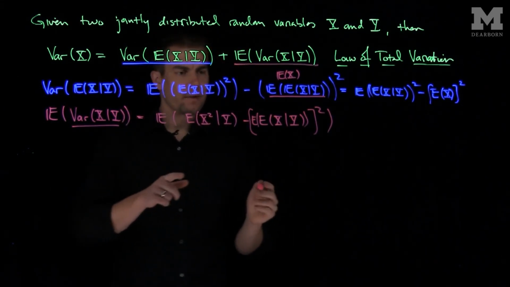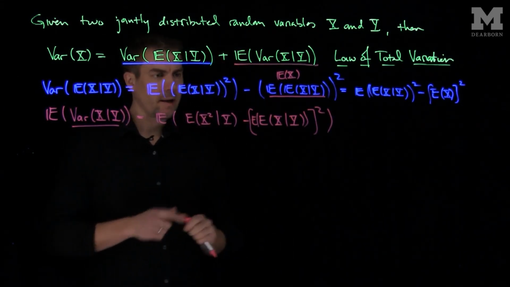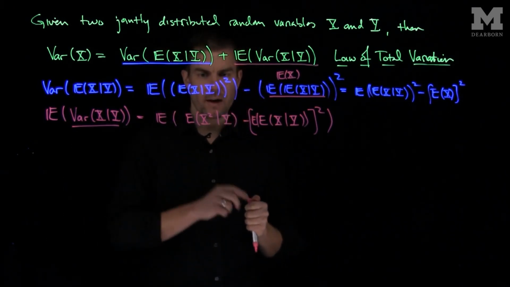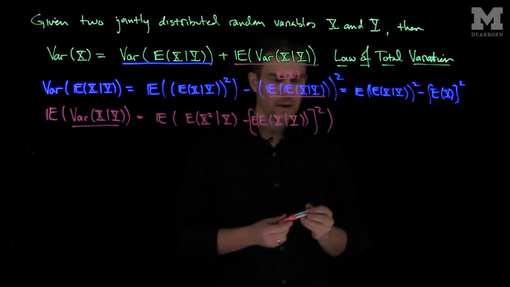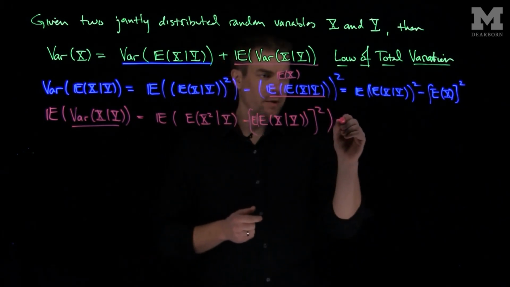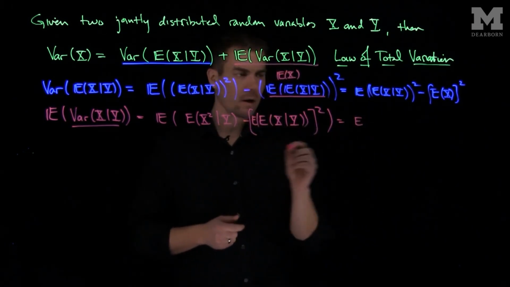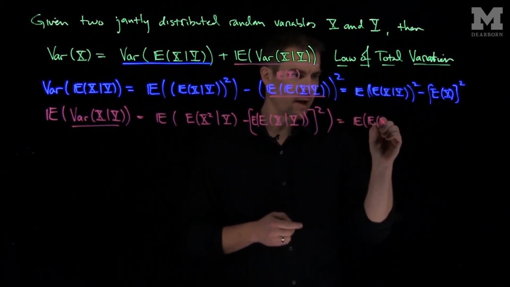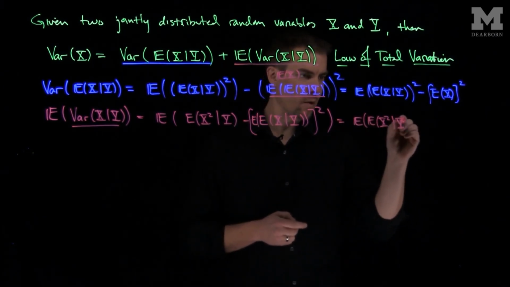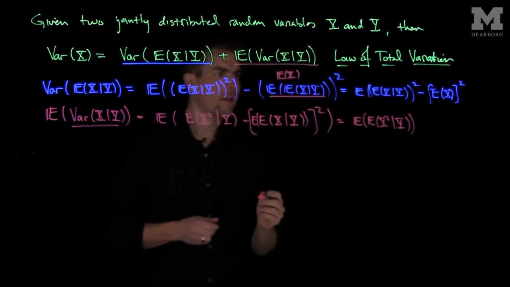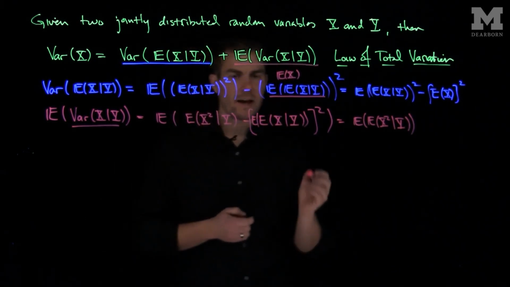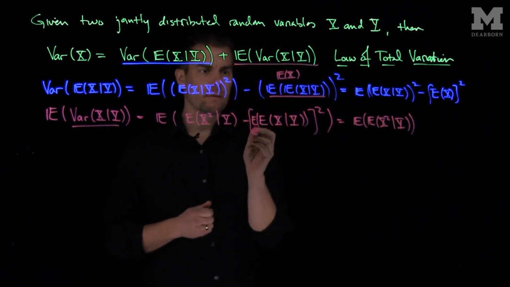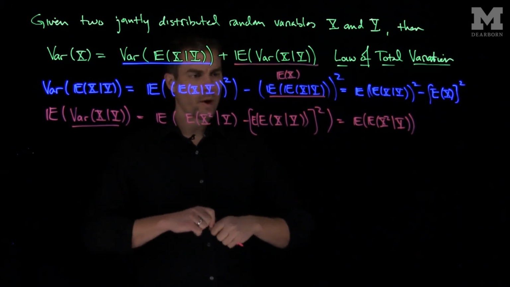So what we have is the expected value of X squared given Y minus its expected value squared. And then over here we'll have the expected value of X squared.